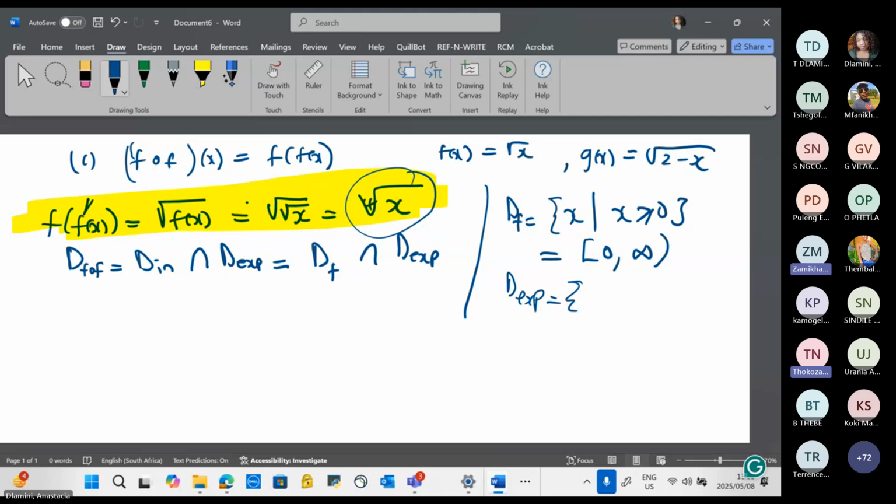Can I try, ma'am? Yes. Say it's 0 to 4. Please try. It's greater than 0. Yes, because everything under a root, whether it's a square root, a cube root, a fifth root, whatever, should be greater than or equal to 0. Ma'am, including the cube root?